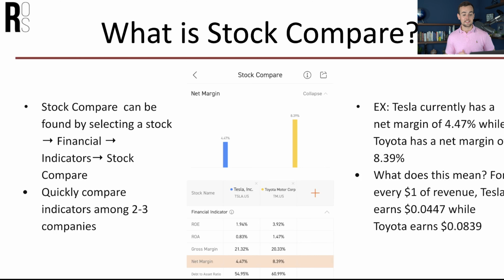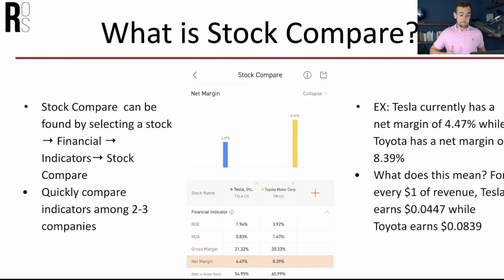Tesla currently has a net margin of 4.47%, while Toyota has a net margin of 8.39%. So what exactly does this mean? Well, that means that for every dollar of revenue, Tesla earns about 4.47 cents. Meanwhile, Toyota earns just about double, somewhere around there, maybe not quite double, at 8.39 cents.